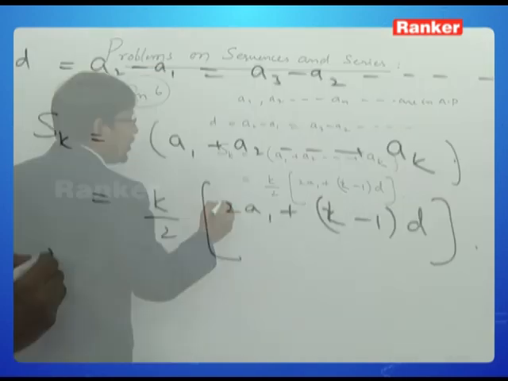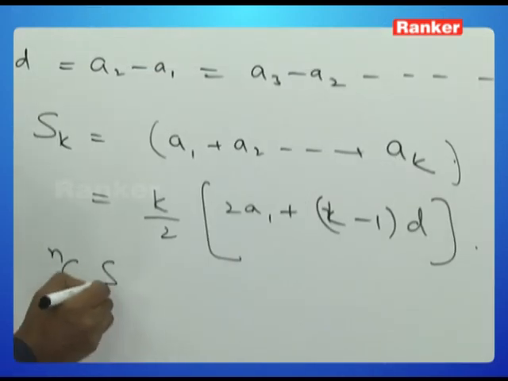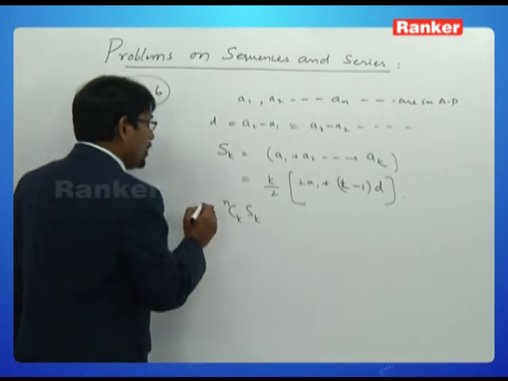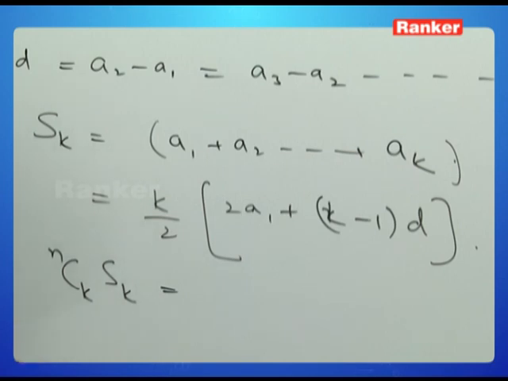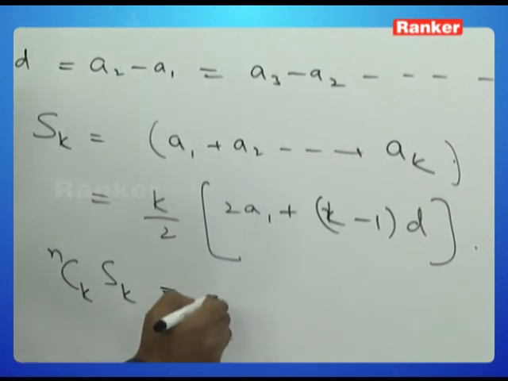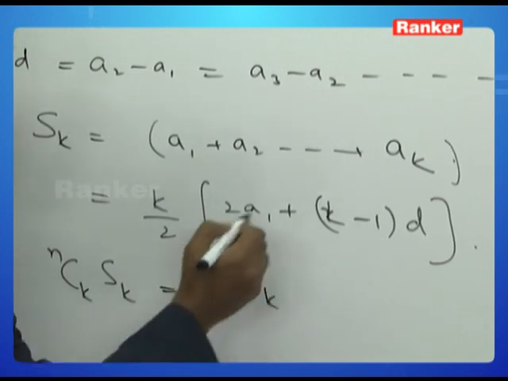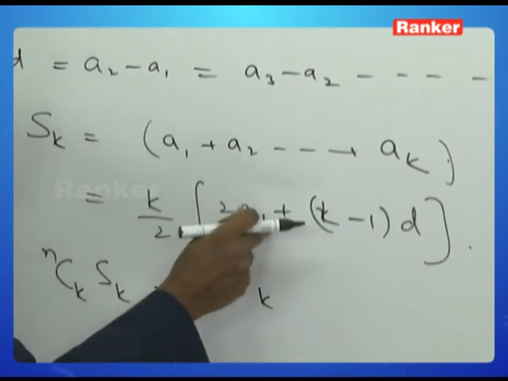Now we are interested in nCk into Sk, sigma k ranging from 0 to n. So what is nCk into Sk? Let's open it up, let's take this 2 inside.